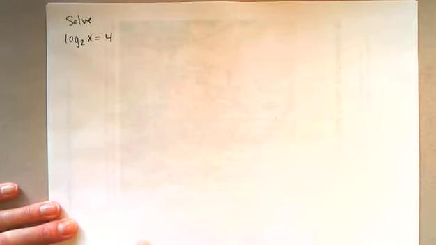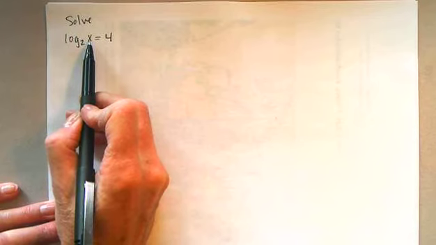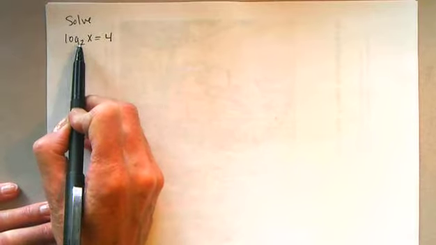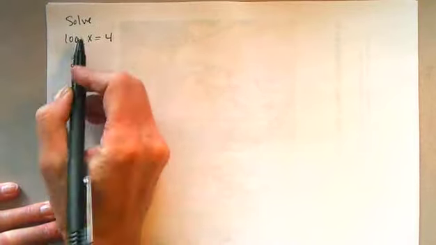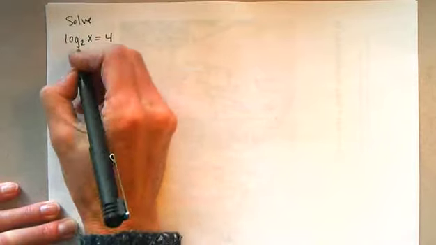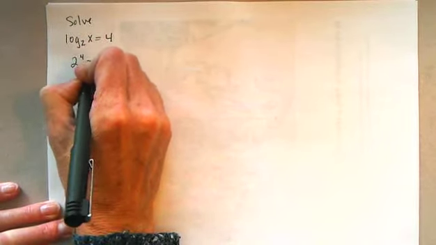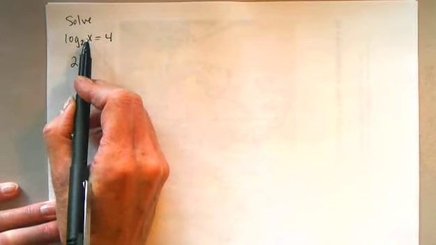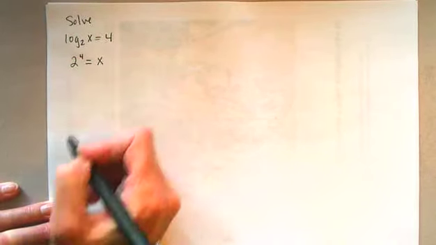But right now, to find what x is, we're going to use that technique we just used and convert this to exponential. So once again, the base of my log is the base of my exponent. What the log is equal to is the exponent. And so 2 to the 4 equals what you're taking the log of. So 2 to the 4 equals x.